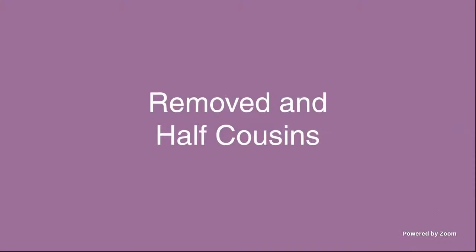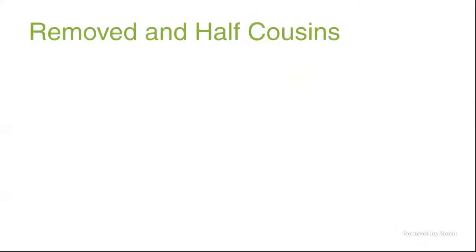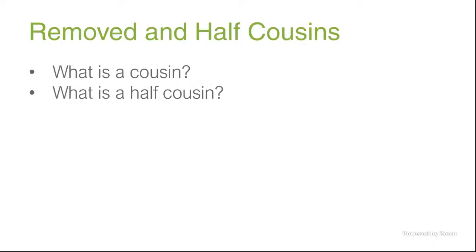Okay, let's do a quick reminder about removed and half cousins. With DNA, the reason this is important is that when you're a half cousin, you share less DNA, and the same goes for a removed cousin. So we need to understand what we mean by all these terms. Often we call somebody a cousin, a second cousin, a third cousin, a fourth cousin, or a half cousin, like a half first cousin or a half second cousin.